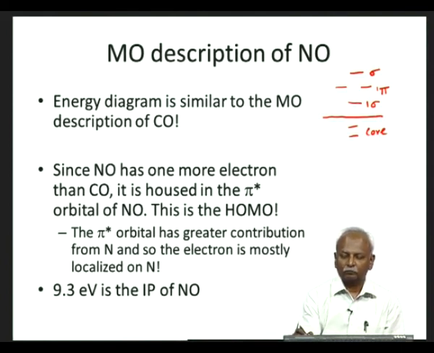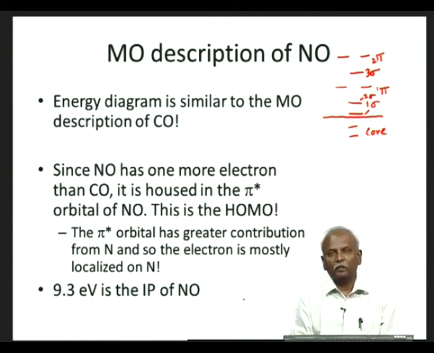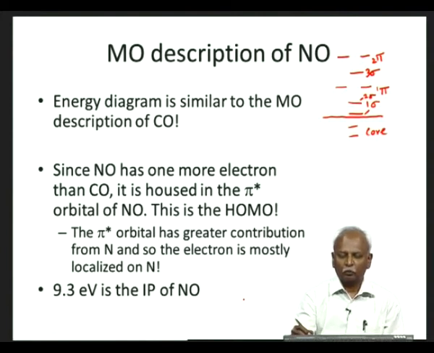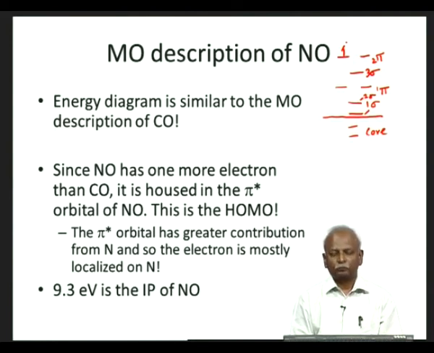In fact, we should write 2 sigmas below the pi, and so we have 1 sigma here, 2 sigma here, and then a pi, and then a 3 sigma which would also be filled, and then a pi, that is the 2 pi. And the single electron that we talked about earlier would in fact be located in this pi orbital. So, the energy level diagram turns out to be extremely similar.